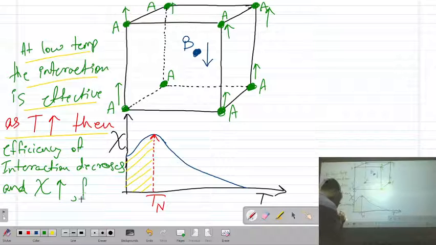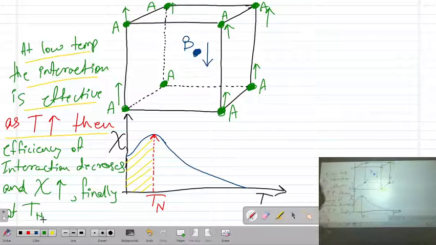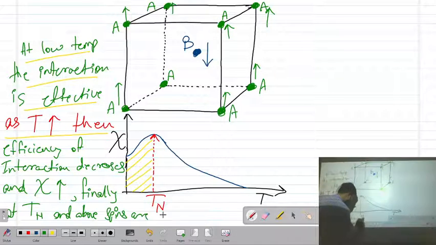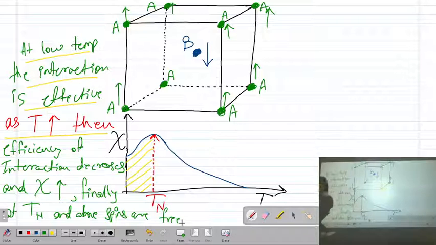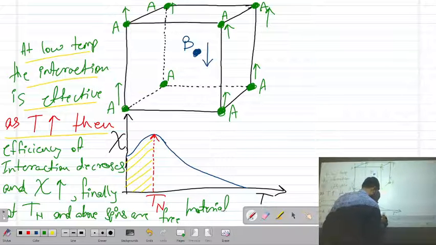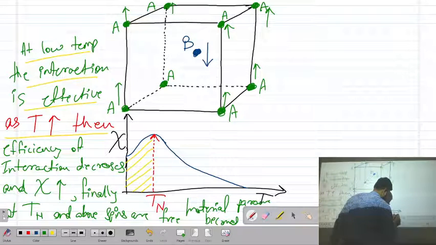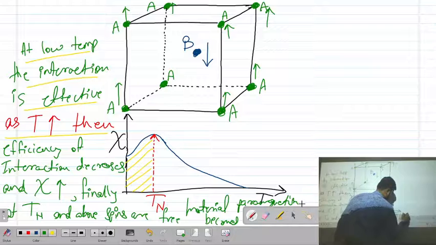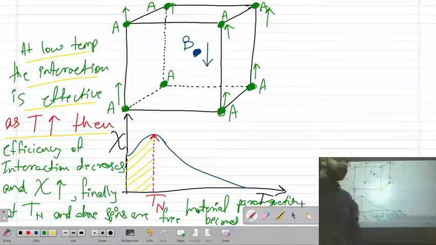Finally, at T of N, the spins are free, and above it the spins are free and the material becomes paramagnetic. Right? After that, the material becomes paramagnetic.